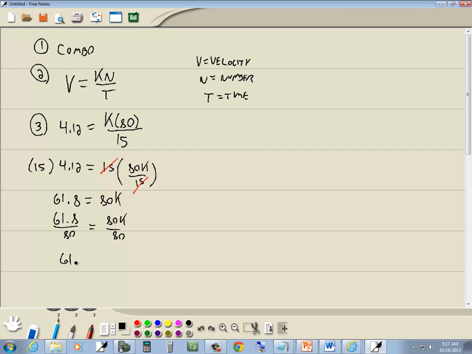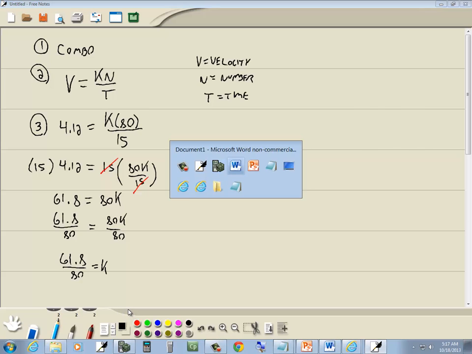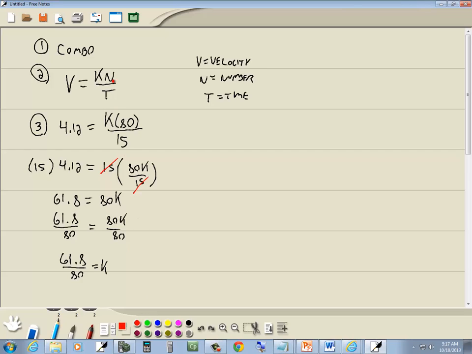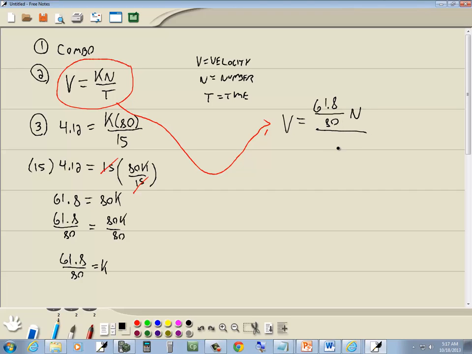And we get 61.8 over 80 is equal to K. Then we want to plug K into our formula, the one from step 2, so I'll plug it in and continue the problem over here. So we've got V is equal to, we now know what K is, 61.8 over 80 N all over T.